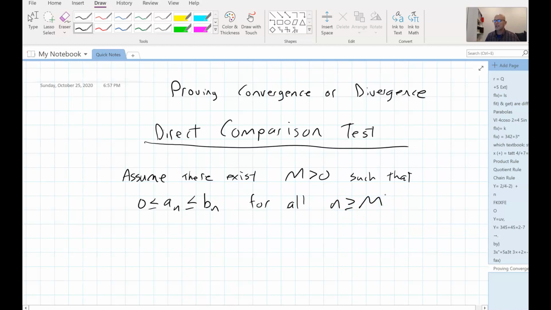Now that's some fancy language, but you've got to get used to this because this is proofing language, or language of proofs.